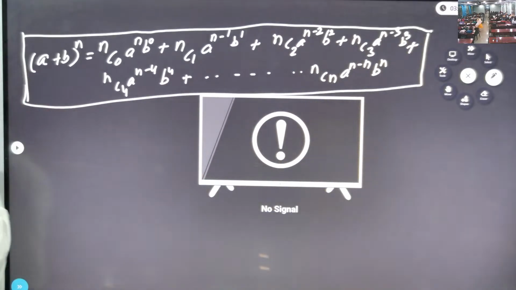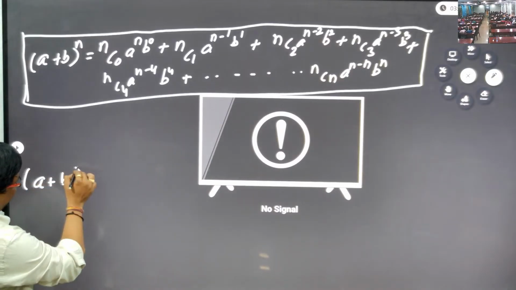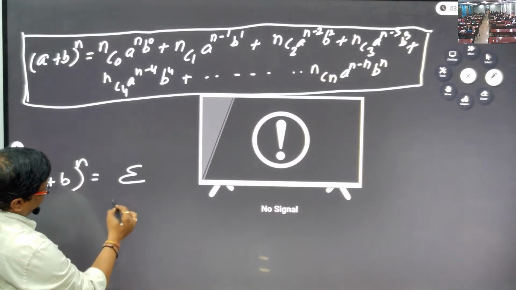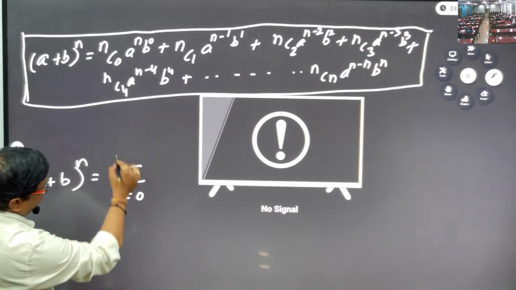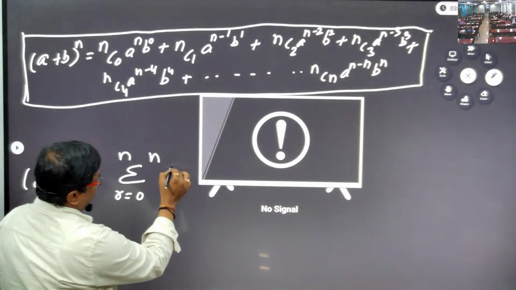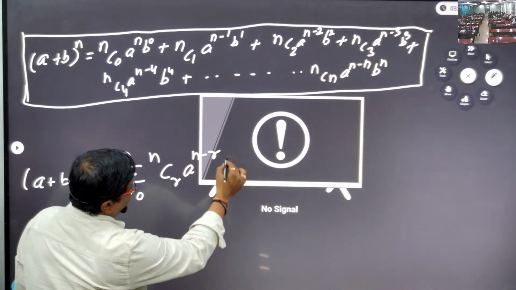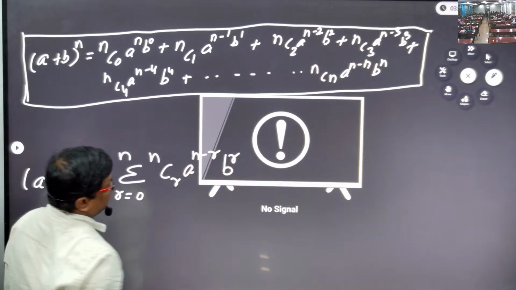Okay, just copy it. In other words, we can write a plus b whole power n is equal to the summation of r equal to 0 to n of nCr a power n minus r b power r.